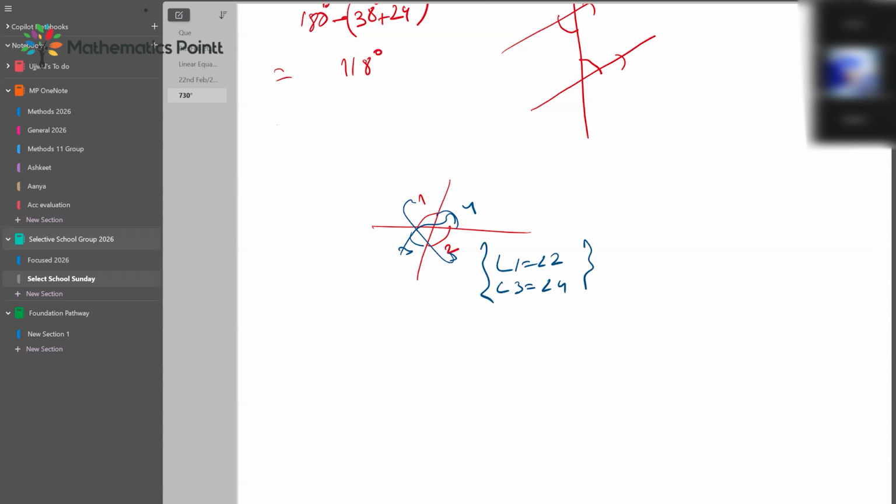And alternate angles are always with respect to parallel lines. When the two lines are parallel and there is a transversal, the angles inside opposite to each other are equal: 1 equals 2, 3 equals 4 here as well. It's a big difference, yes.